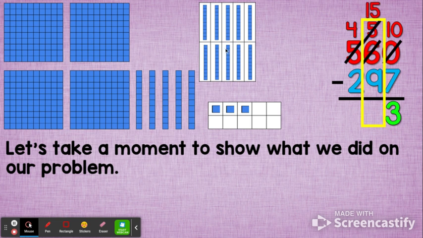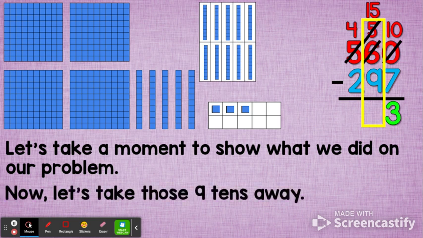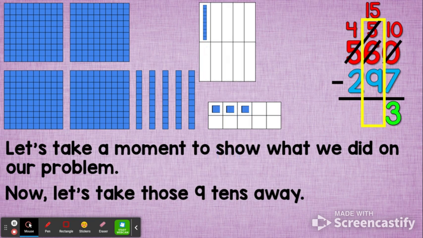I now have the 10 plus the 5, which leaves me with 15 tens. So now can I take the 9 away? I sure can. Let's take them away. And that leaves me with 5, 6.